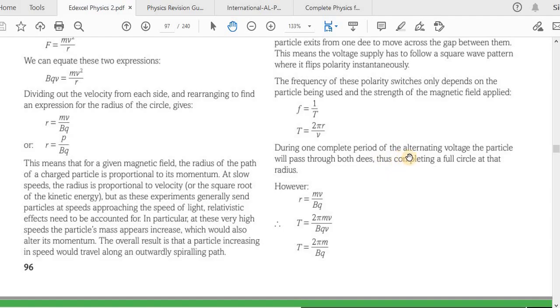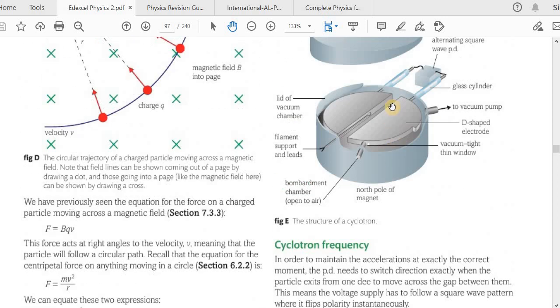During one complete period of the alternating voltage, the particle will pass through both these, thus completing a full circle at that radius. So it goes one whole circle. I think again you can understand this. So let's say the particle goes like this, 1, 2.